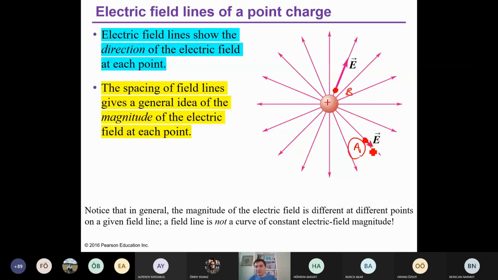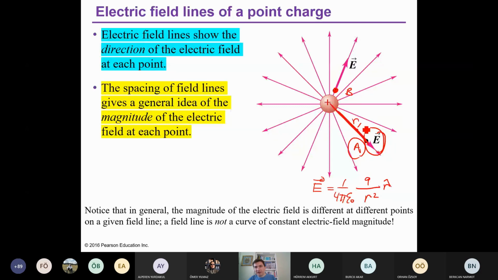The amount of electric field at A point is very small. Why? Remember the electric field formula: 1 over 4 pi epsilon 0, q over r squared, r being the distance to the source, and here we have the unit vector. So this is the distance to the source, R_A.